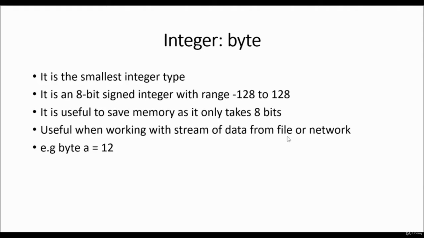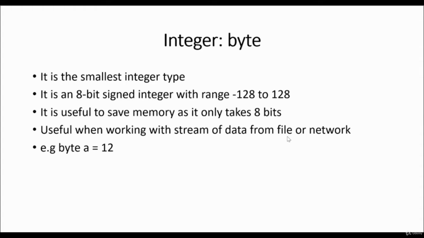So the highest value for the byte will be 127 and the lowest value will be -127. It is useful when you want to save memory because it only takes 8 bits. This is used when you are reading a file from, let's say, your local laptop, or reading data from the server.